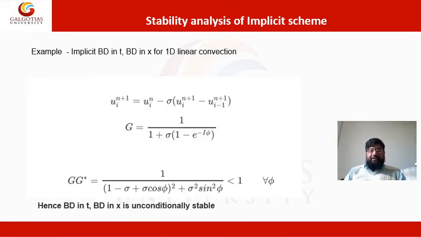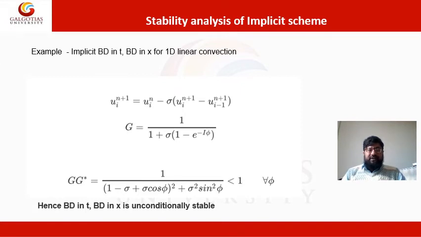Now we will take a look at the stability analysis of the implicit scheme. In implicit schemes, there is more than one unknown and many quantities are expressed at the future time level. So let us discretize the implicit scheme, backward difference in time and backward difference in space.